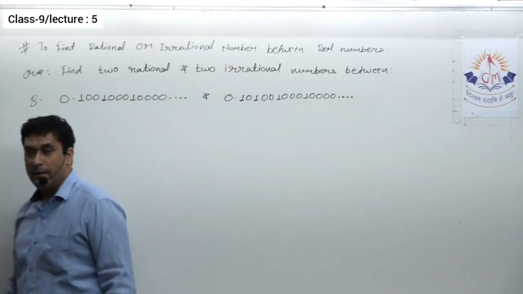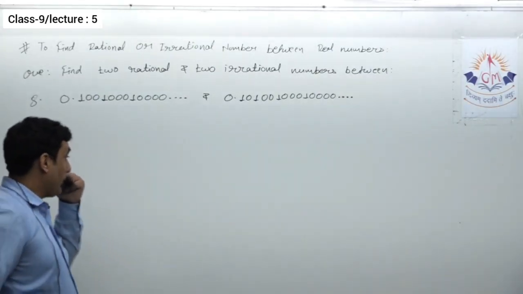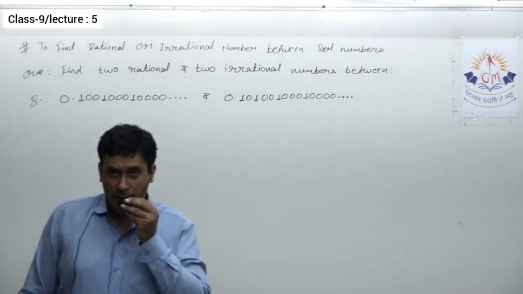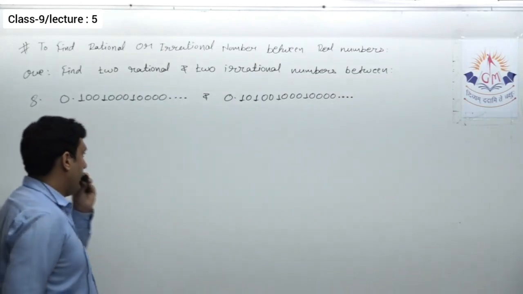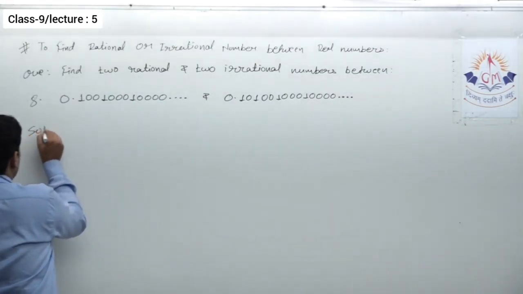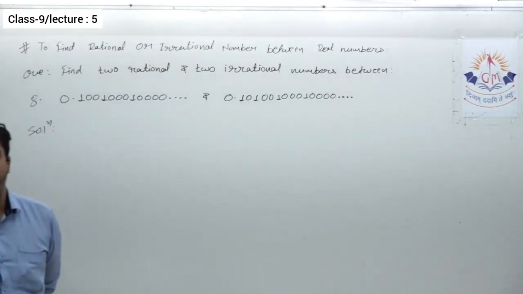Now again here the given numbers are irrational, so we have to find the same thing, that is two rational numbers and two irrational numbers between the given numbers. So think for a while how you will find numbers between these two, then I will give you the solution.